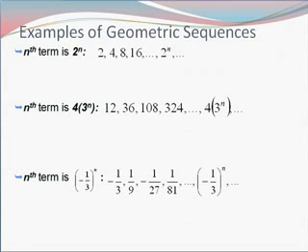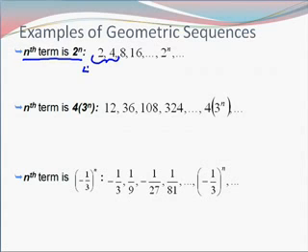Here are some examples of geometric sequences. For the first one, the nth term is 2 to the n. Let's take a look at what the ratio is of term 2 to term 1.